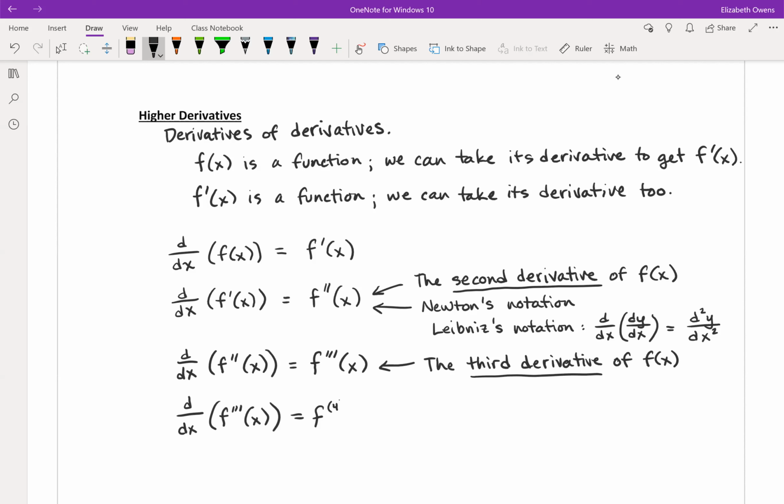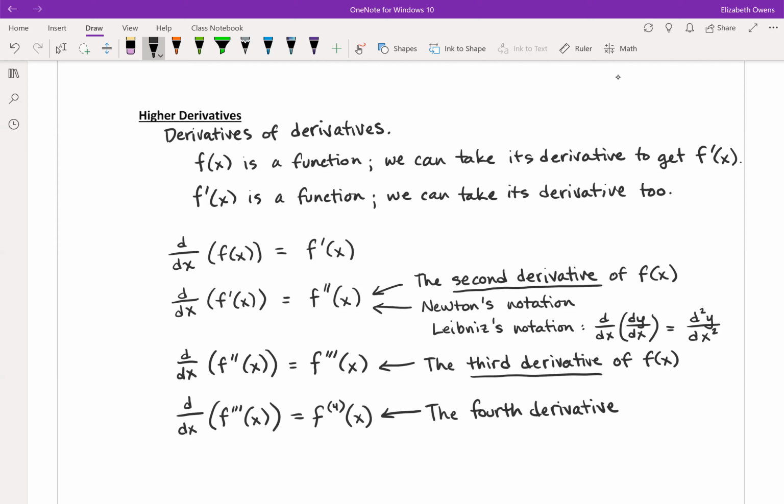And instead of 4 little prime tick marks, we put a little 4 in parentheses up in the exponent. And that is the 4th derivative. And I did say up in the exponent area there, but that is not actually an exponent.